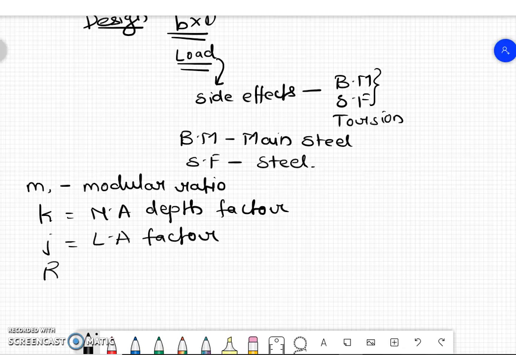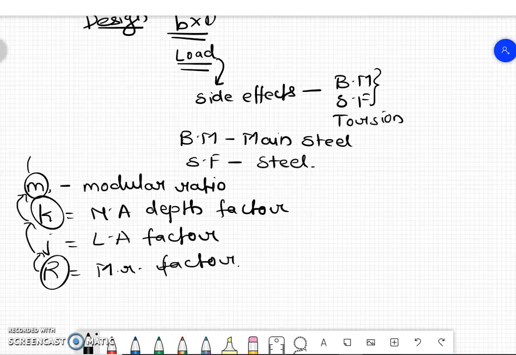And after that we have R, which is the moment of resistance factor. So to get the value of R, we need J, we need K. To get the value of K, we need M, that is modular ratio. And to get the value of M, we need sigma CBC, that is grade of concrete.